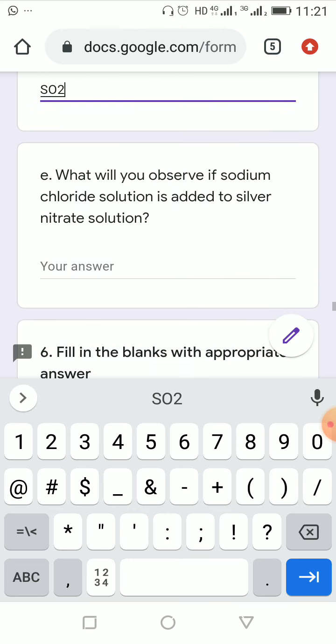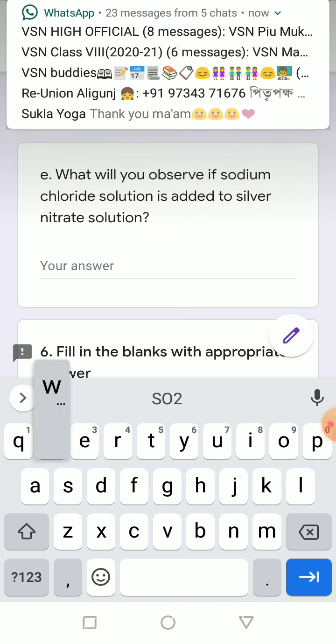Next, what will you observe if sodium chloride solution is added to silver nitrate solution? If we add sodium chloride in silver nitrate, we know we will be getting a curdy white precipitate. So this will be a white precipitation.